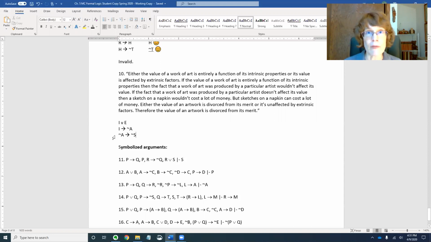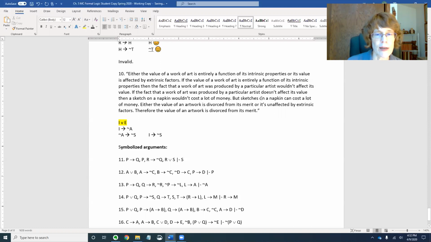But I do have a conditional that has as its front part the back part of a previous conditional, which means I can do hypothetical syllogism and conclude if I, then not S, just from the second and third claims. But I have not used the first claim yet, and I don't want to forget about it, so I'm going to highlight it so I'll remember to come back to it. Okay, let's continue.